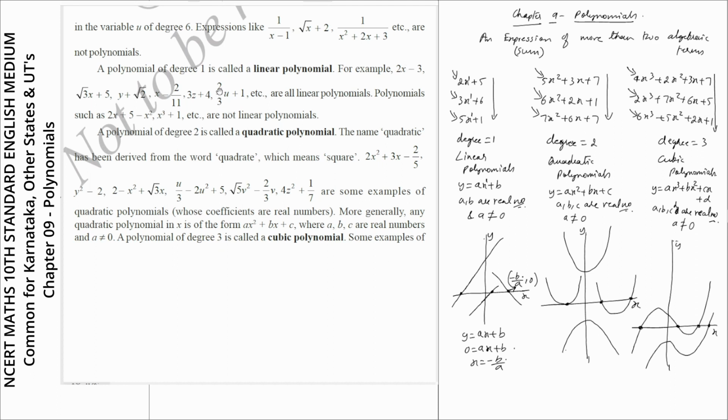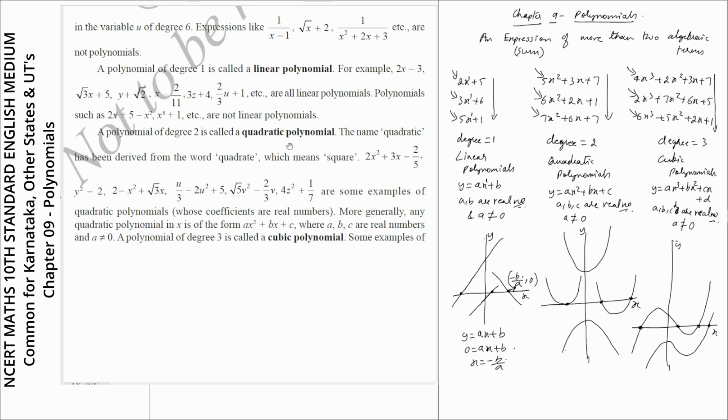In 2 by 3 u plus 1, the highest power of u is 1. So in linear polynomials, the highest power of the variable will be 1, and the general form of a linear polynomial is ax plus b. In the first example, a is 2 and b is minus 3, so this can also be written as 2x plus of minus 3.